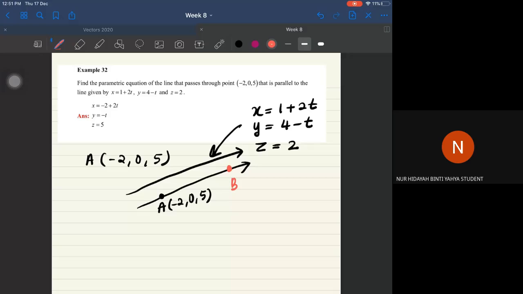So you will have x, y, z. So macam mana kita nak cari the equation of the line that passes through this point and parallel to this vector, parallel to this equation of line.